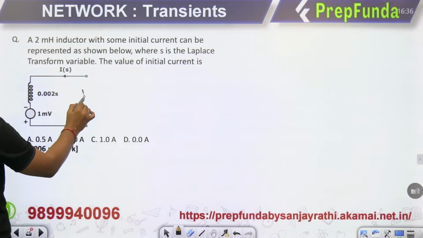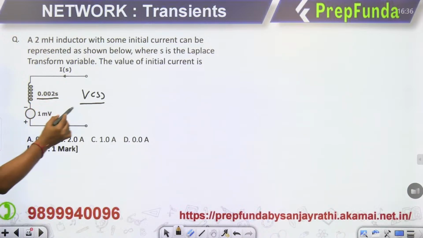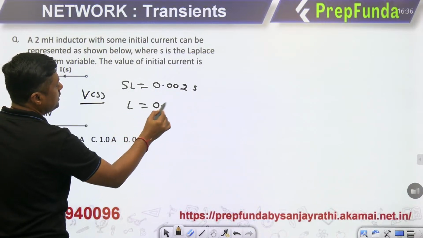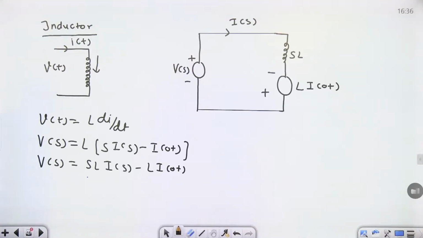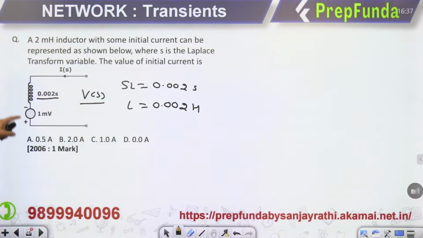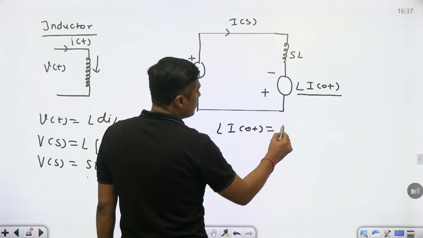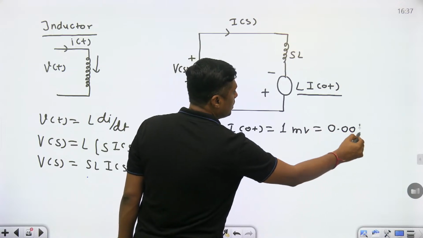SL is given as 0.002s, so the inductance L equals 0.002 Henry. Now this is 1 millivolt, and 1 millivolt is equivalent to L I0 plus. Look at the polarity, minus plus here, and minus plus here, so we can say L I0 plus is equal to 1 millivolt, which means 0.001 volt.